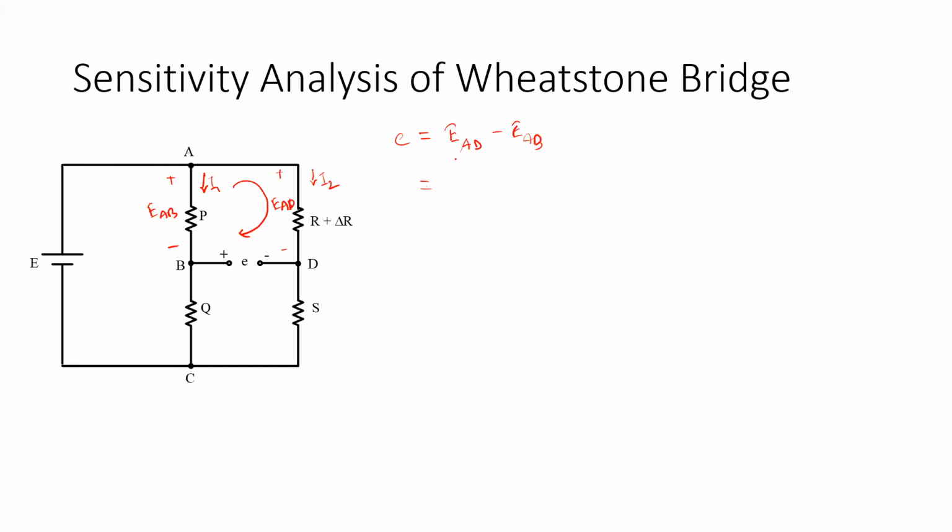So as this is EAD, this one should be I2 into R plus delta R, and EAB should be I1 into P. Now I2 we can represent in terms of the supply voltage as before, like this, and similarly we are going to represent I1 as well.